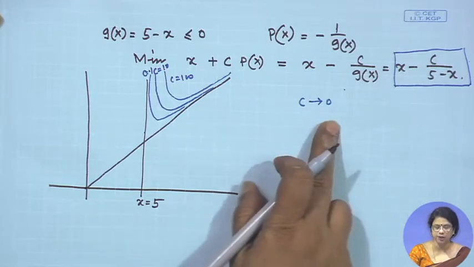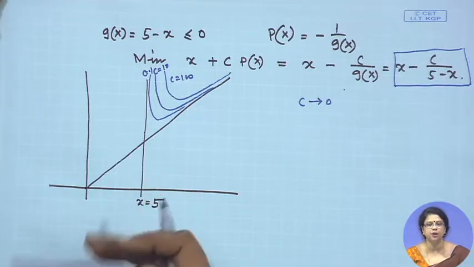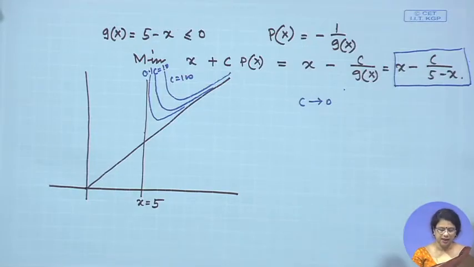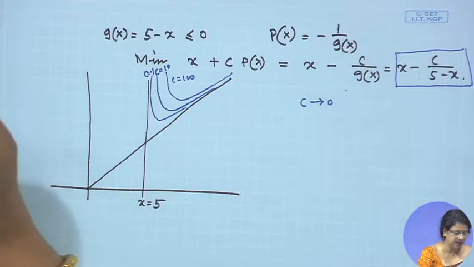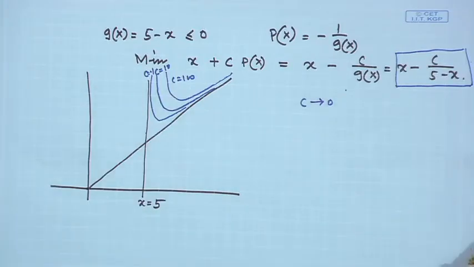If c is approaching 0, we are approaching the optimal solution. What I mean is that we are looking at the optimal solution of each individual unconstrained optimization problem. I will speak more on this now. Just I wanted to say that the previous one is the exterior penalty function method and this one is the interior penalty function method.